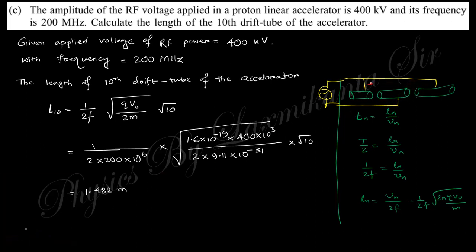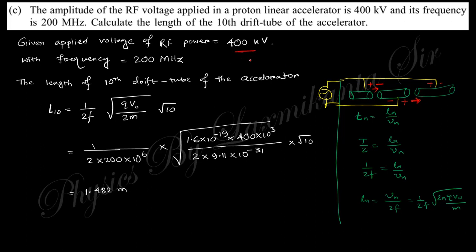Suppose this is the positive terminal and this is negative, so the electric field is this way, but when the particle comes here, this changes to negative and this changes to positive, so again it is forward. So when the particle jumps from one tube to another tube, the electric field is along that direction such that its speed is increased, accelerated. That's why it is called an accelerator.